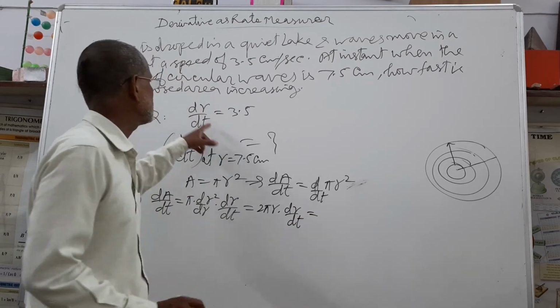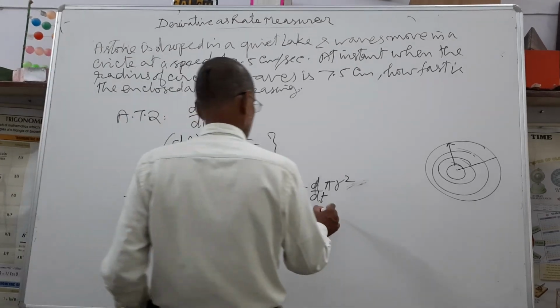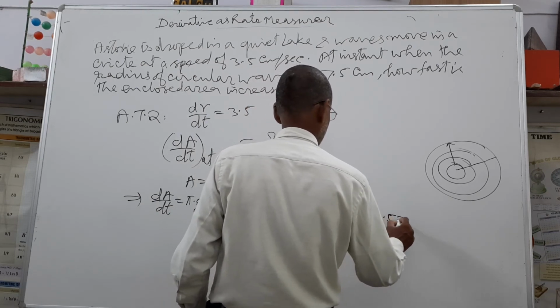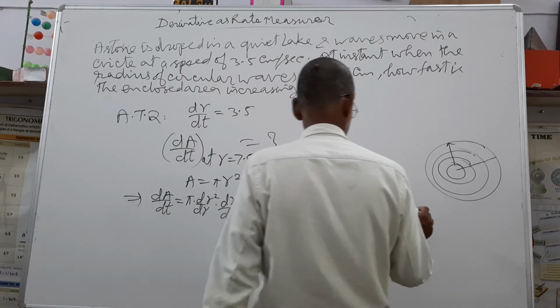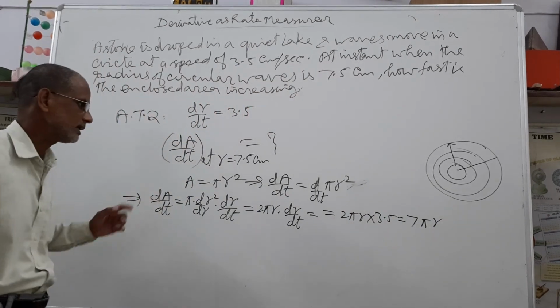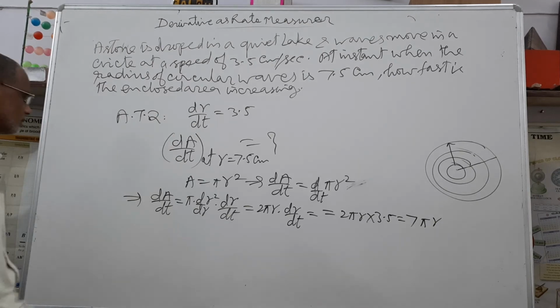But dr dt is given 3.5, so it is equal to 2 pi r into 3.5 is equal to 7 pi r. This is the value of dA dt in terms of r.